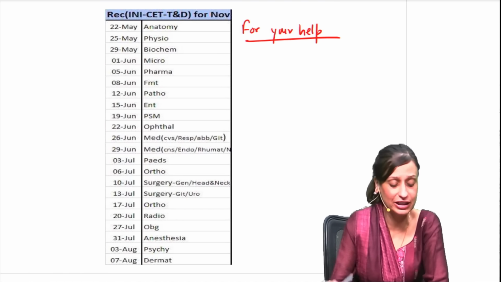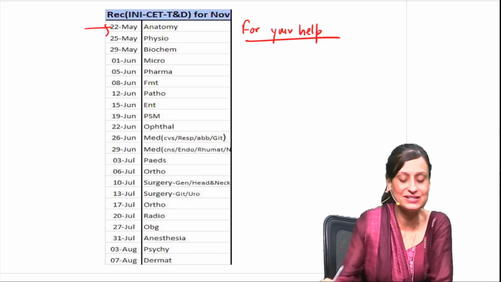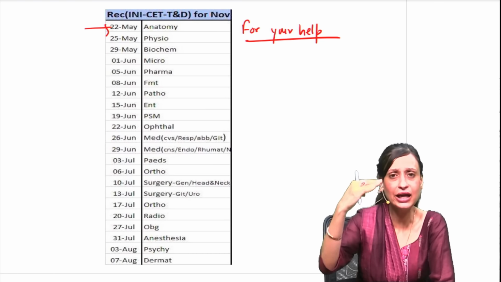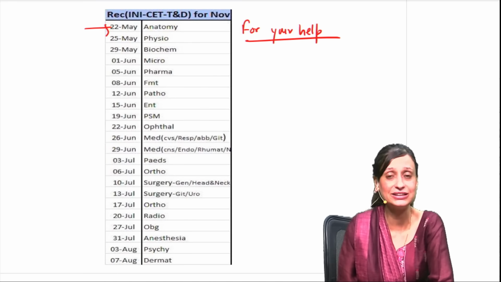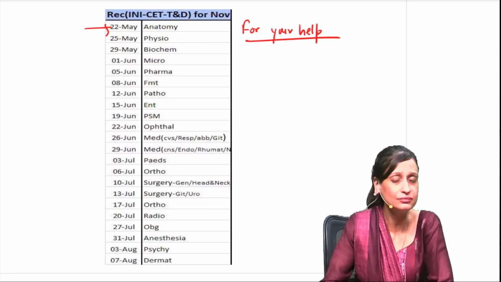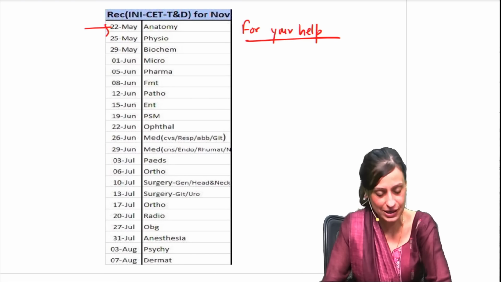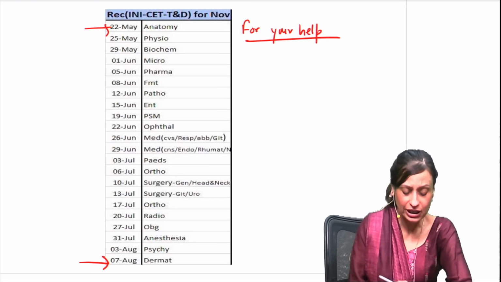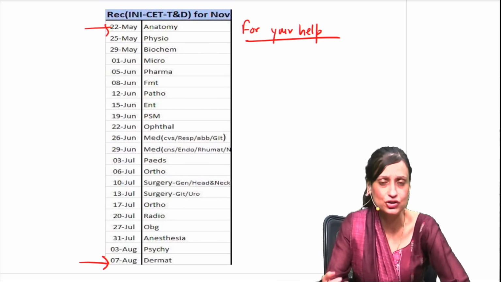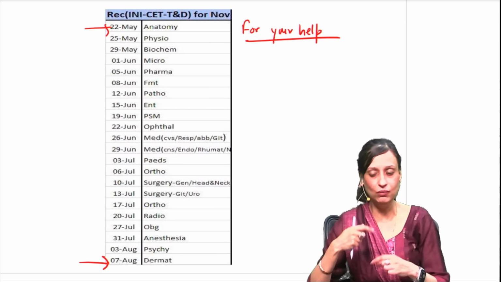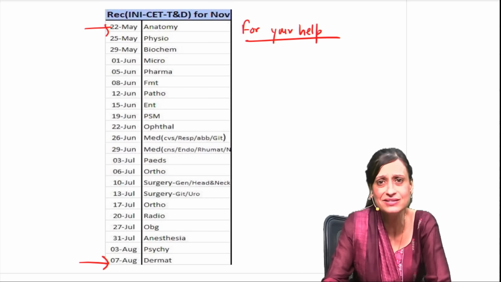So I have made the schedule starting from 22nd May, and I have given you the subjects by the time that you should be finishing them, keeping in mind definitely the importance of the subjects in the INI-SET exams, and ensuring that by 7th of August you are done with, sorry, one cycle at least, right?